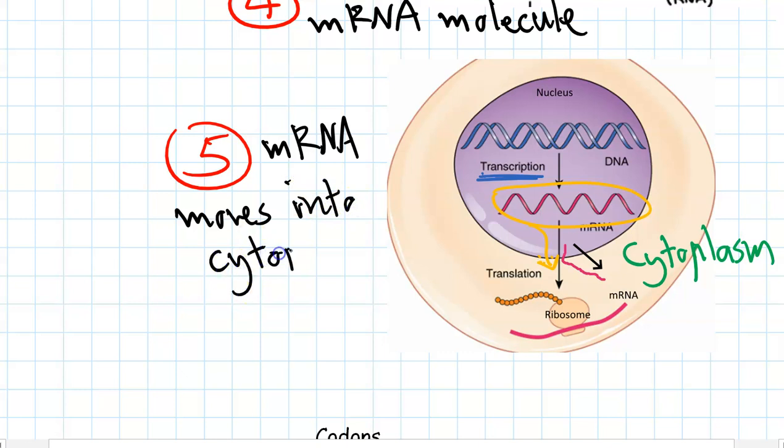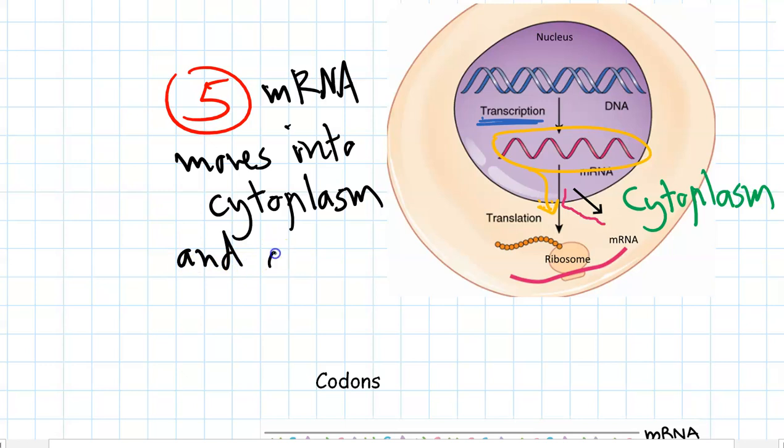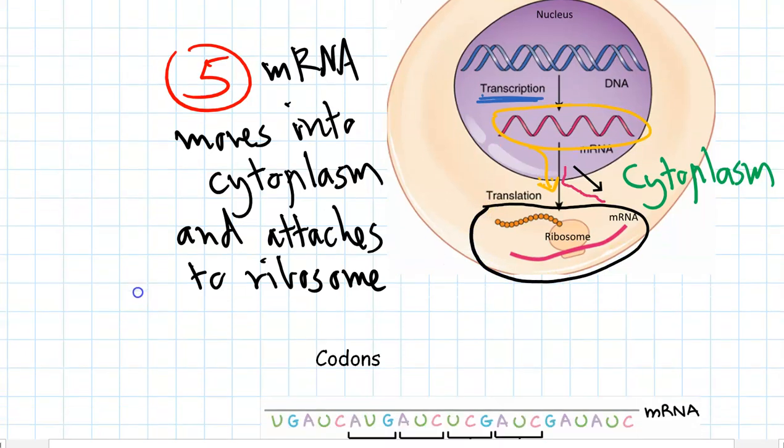So that's the next step. That mRNA travels out of the nucleus into the cytoplasm and it attaches to a ribosome. And a ribosome is the organelle that's going to make the actual protein. So here's an example showing that here.